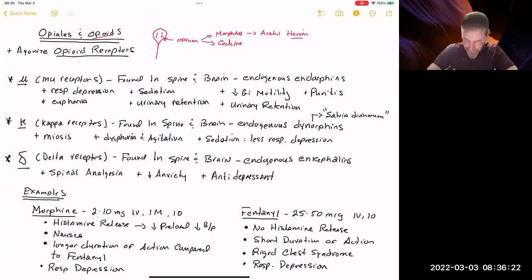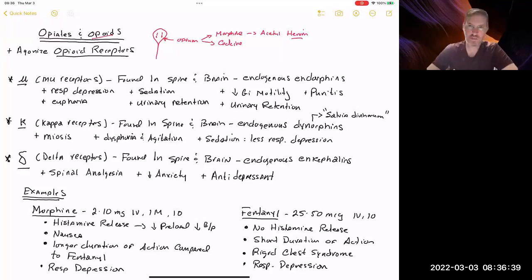So heroin is in fact an opioid because it is a chemical modification. And then there are some fully synthetic opioids that have an entirely different chemical structure to them than the opiate derivatives.